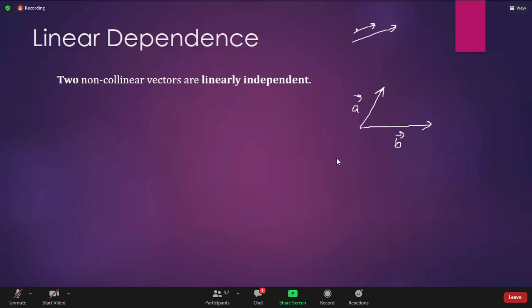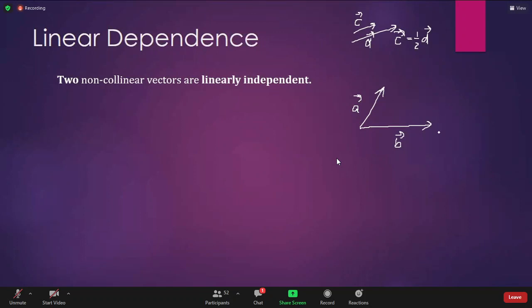These are collinear, these are dependent. I can express one of these two vectors using the other vector. I can write, let's say, vector C is half of vector D. For example, these vectors are collinear and they are dependent. These vectors are not collinear and I cannot express anything.